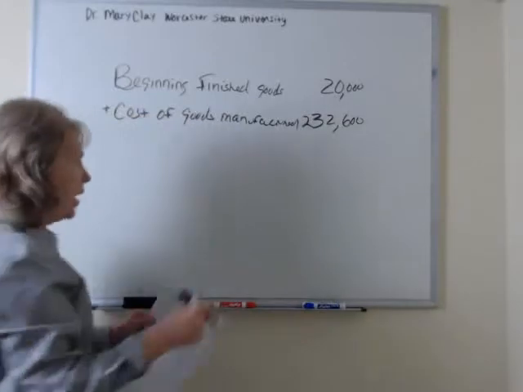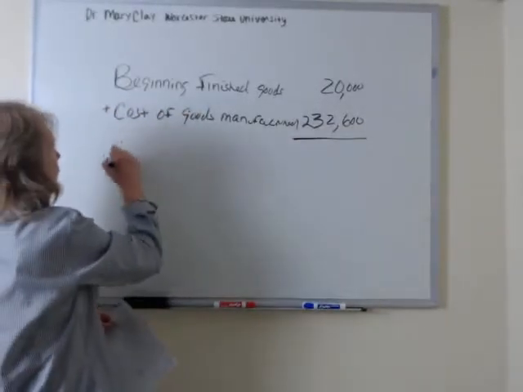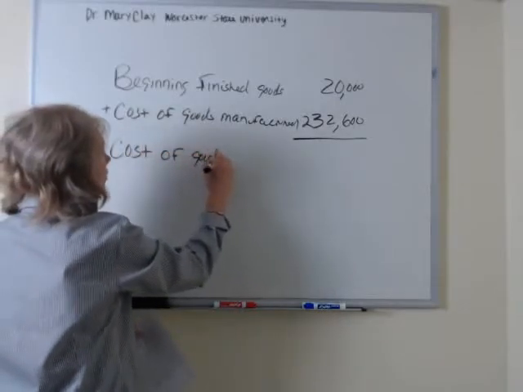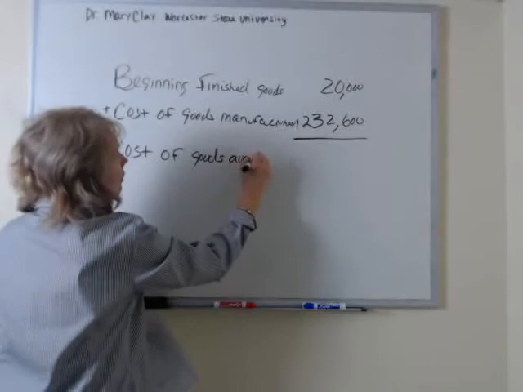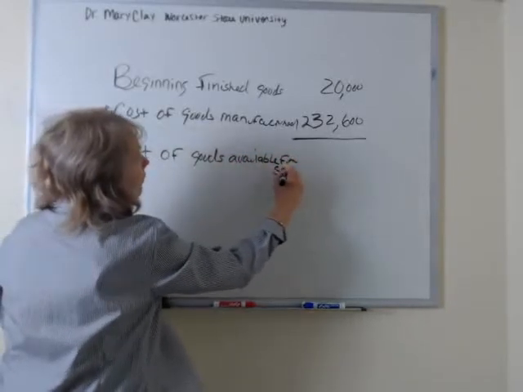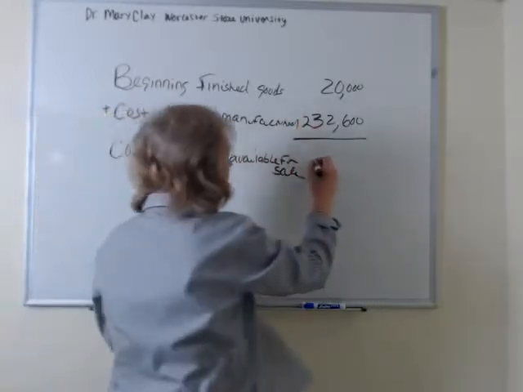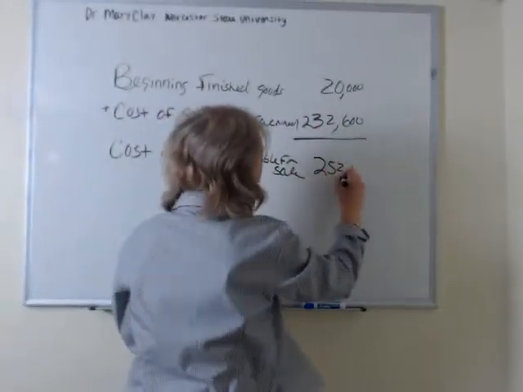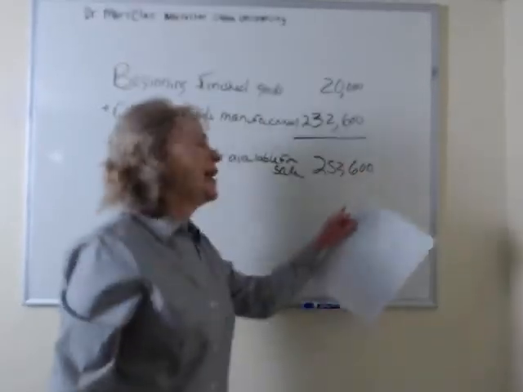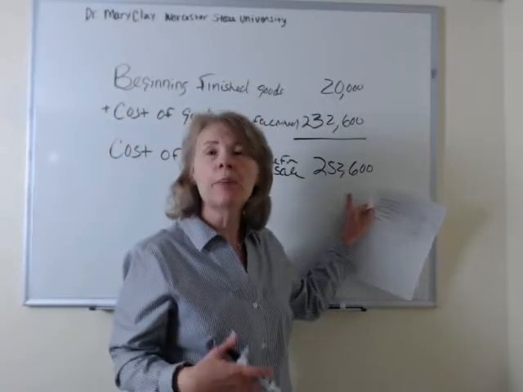Now that gives me my cost of goods available for sale. Those two numbers together are 252,600. So these sit in inventory or finished goods until the company sells them.